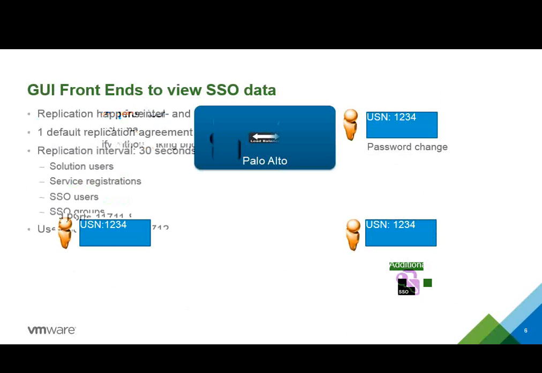Every time a change is done, one or more IDs just increase in their number. We are using a similar concept. To simplify this, I will only show one USN in these slides. In the background, it's quite a bit more complicated with a few more numbers, but for the example, this should suffice. So once the password has been changed, the USN will get updated on the Palo Alto side.